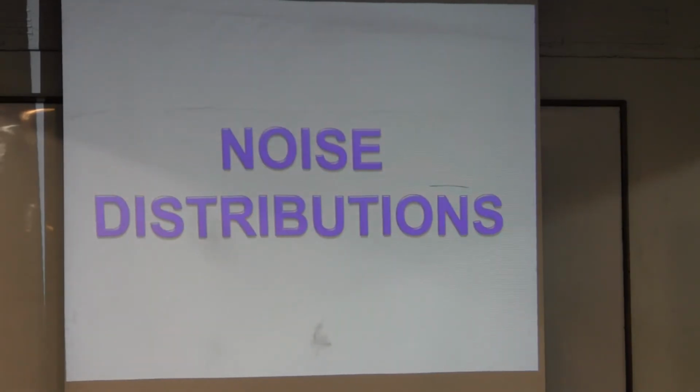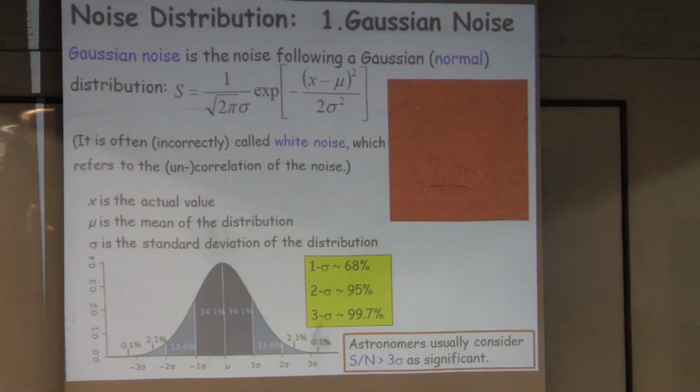Okay, now for the remaining 15 minutes, let's just briefly talk about some of the basics of the noise we actually have here. Noise can be distributed in many ways, but there are two distributions that are very fundamental to astronomical data.